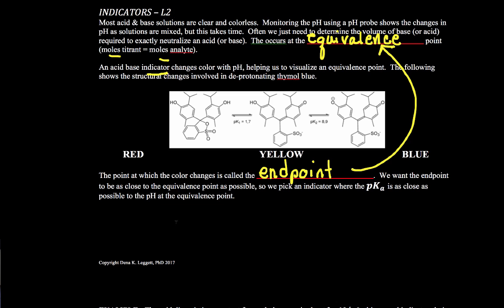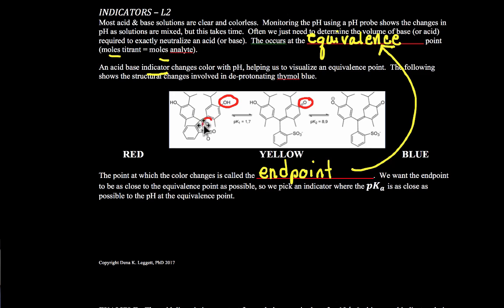Now, indicators change color with pH because they change structure with pH, and structure determines function. The changes are a little bit more complicated than a typical protonation, deprotonation occurring in an acid and a base. You notice here you have the hydroxide and it becomes a double bonded oxygen.